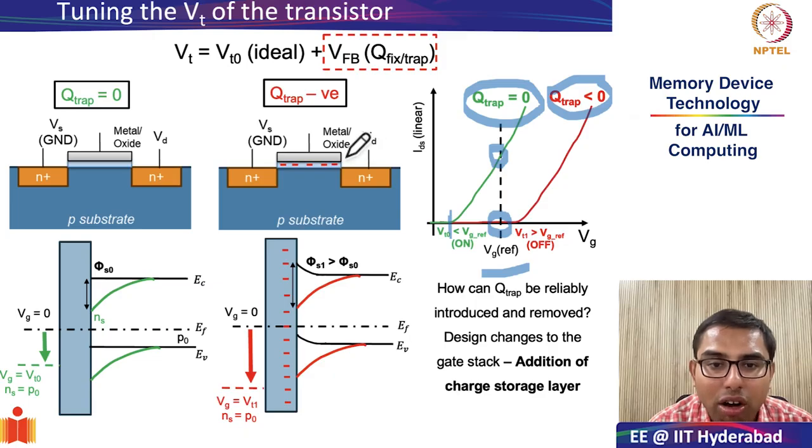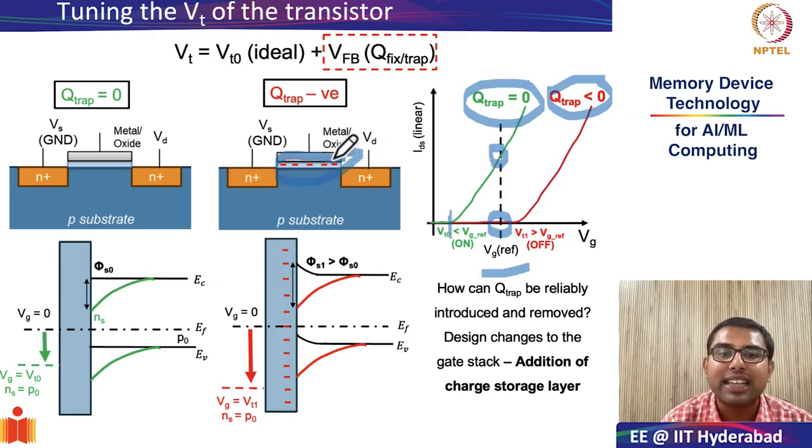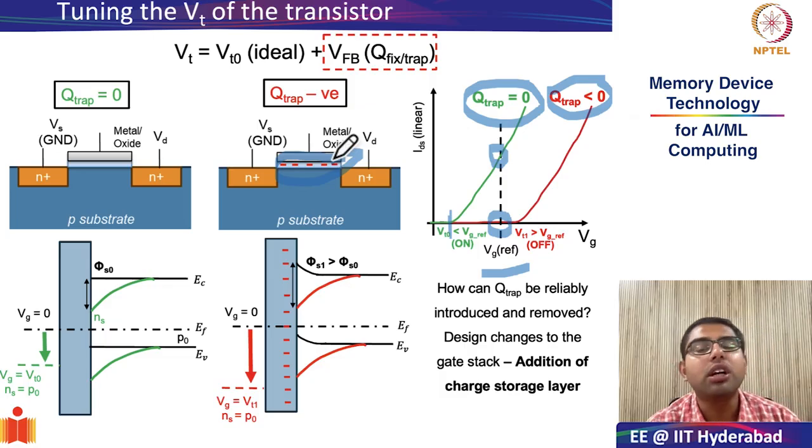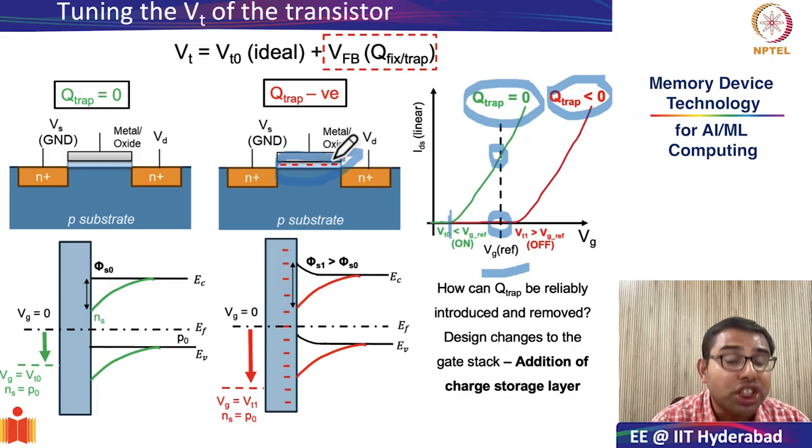As you can understand, all the action of Qtrap is happening only at the oxide and semiconductor or oxide and metal part. So it makes sense that this can be facilitated by making design changes to the gate stack of the transistor. And as we will see in the next class, that happens through the addition of a charge storage layer.